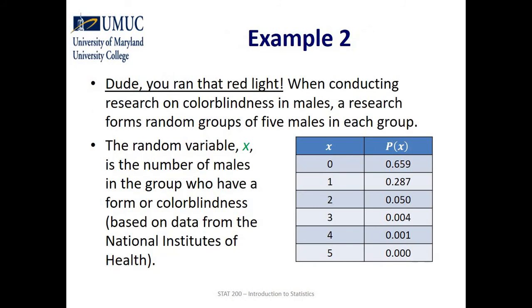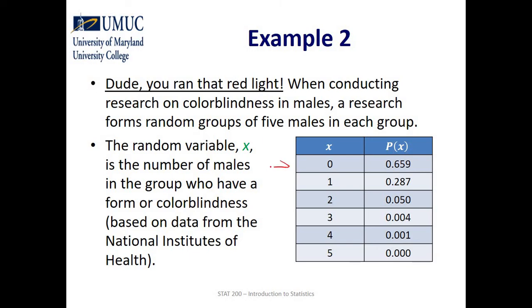When conducting research on color blindness in males, a research firm formed random groups of 5 males in each group. Random variable X is a count of the number of males in the group who have a form of color blindness, and this data comes from the National Institute of Health. So what is this saying?